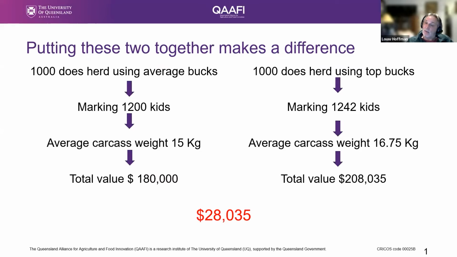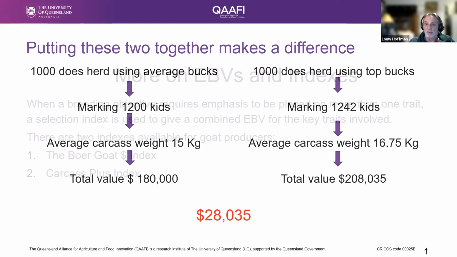They'll also be heavier, right? 42 kids from the genetics of the estimated breeding value for fertility. And then the carcass will be 1.75 kgs heavier because of the genetic potential for faster post-weaning growth, which will give me a total value of $208,000. So just by selecting the correct buck will give me an advantage of $28,000.